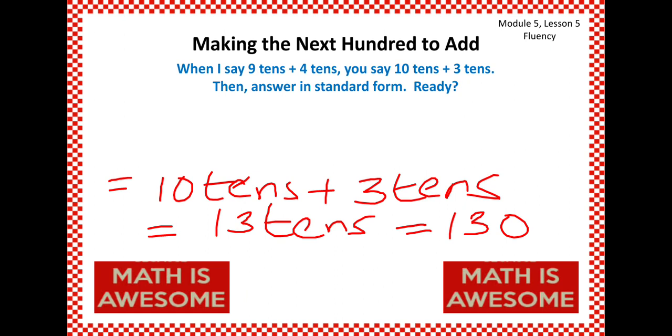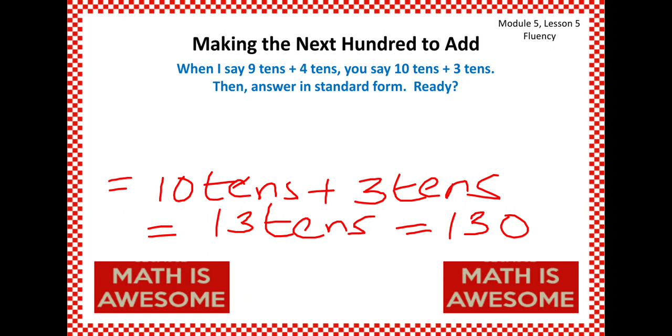When I say 9 tenths plus 4 tenths, you say 10 tenths plus 3 tenths. Then answer in standard form. That is our aim. We want to make a multiple of 10.